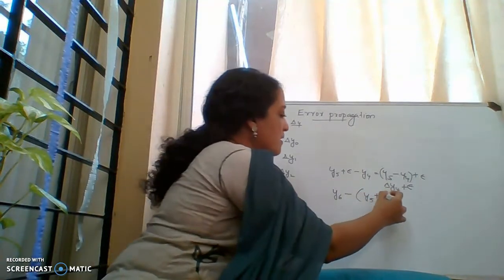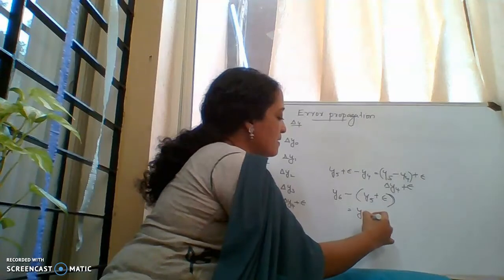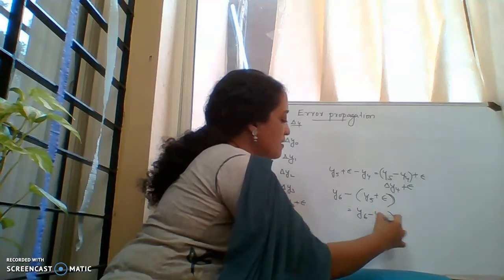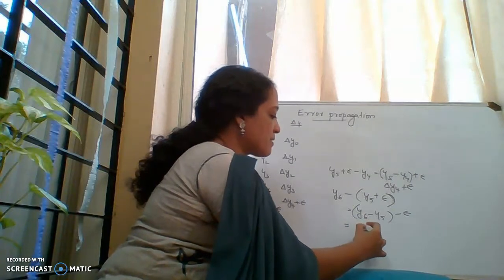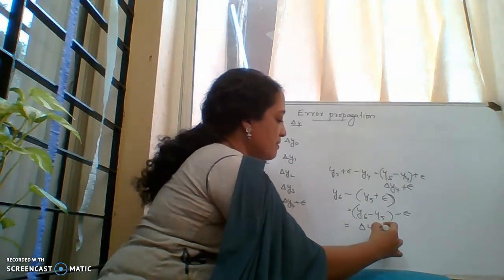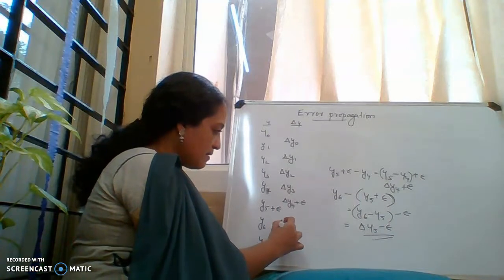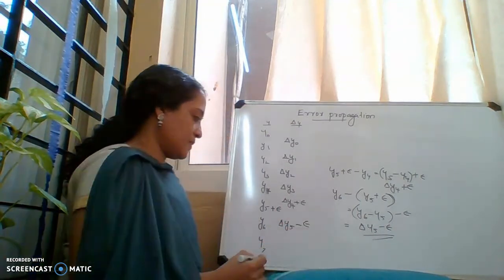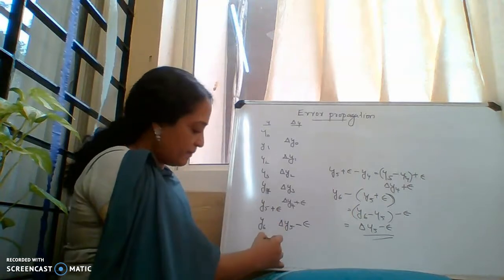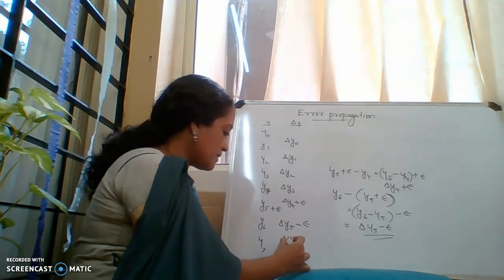So when we take the difference, this becomes equal to y6 minus y5 minus epsilon, or this is equal to delta y5 minus epsilon. So here comes delta y5 minus epsilon. Then next is y7 minus y6, and that is equal to delta y6.